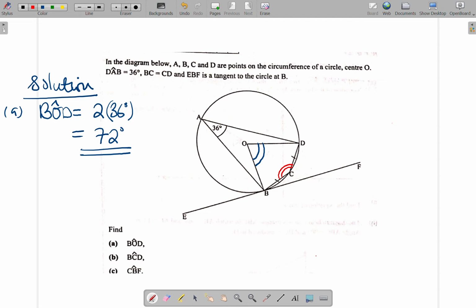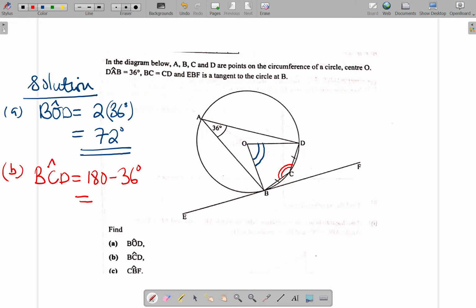So for me to find C, I'll simply say BCD is now going to give me 180 minus 36 degrees.